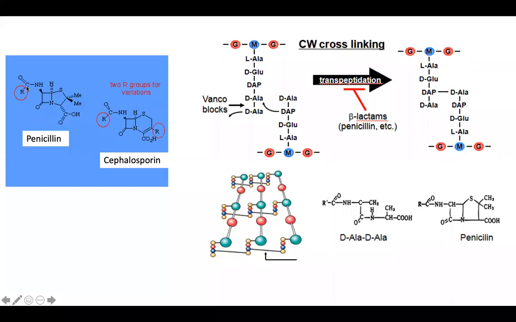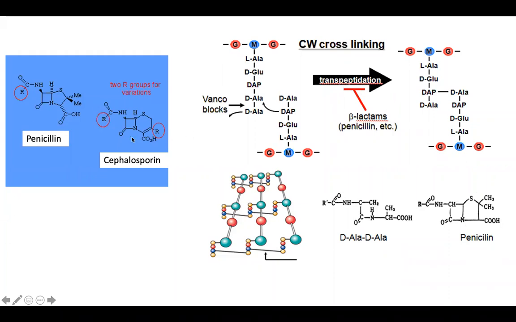Sometimes you need to add a specific advantage to penicillin. We shall look at it in the next one. So you need to add a specific group which will make it better able to handle the enzymes that are produced by bacteria to cleave or to open up the beta-lactam ring.